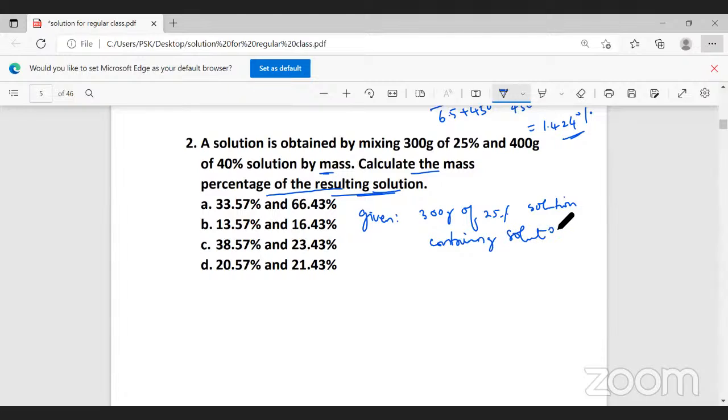Why do I say a solute? The lesser quantity is this 300, and here it's 400 grams of 40%, therefore it will be a solvent. So what they've given is 300 grams of 25% containing solute.